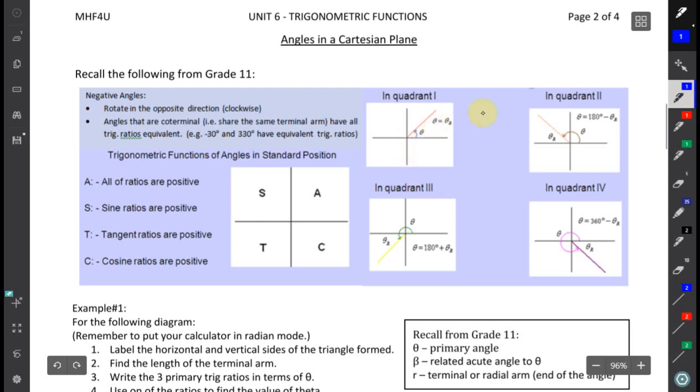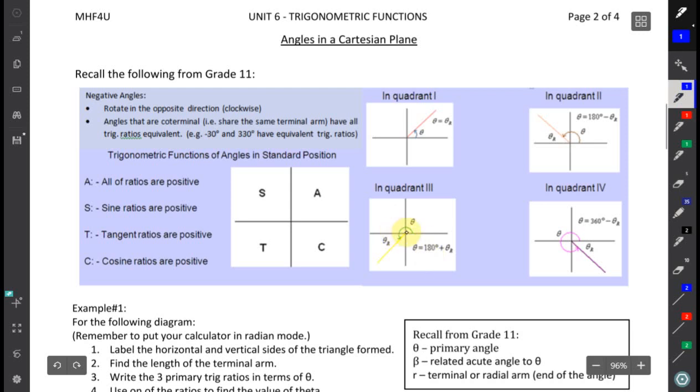And so over here, it simply depicts some of the relationships between the angle theta, which is the standard angle, and its related acute angle. Typically, we will use beta for this. Here, they've used a subscript instead, but they're showing you the relationship between the given angles that exist and the related acute angle.